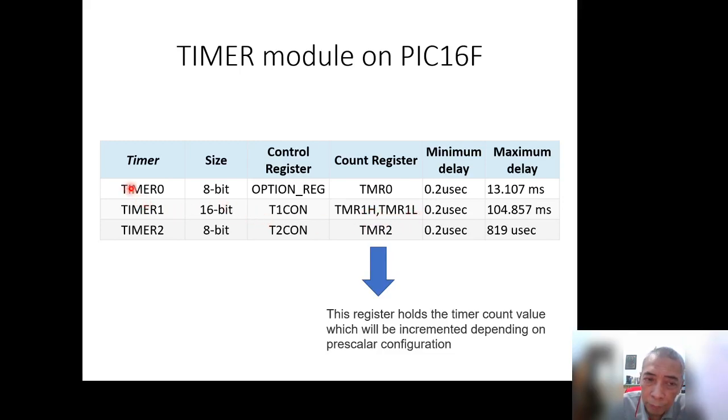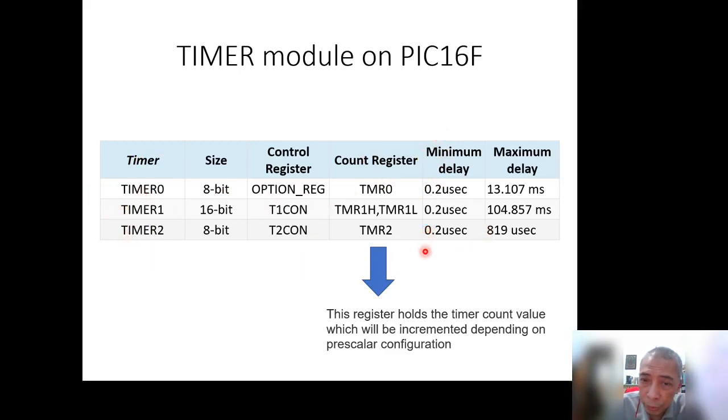But for the first and the third timers, timer 0 and timer 2, there is only TMR0, and for timer 2 it is TMR2. So those are the two kinds of registers, the control register and the count register, according to each timer. The minimum delay for each timer is also the same.